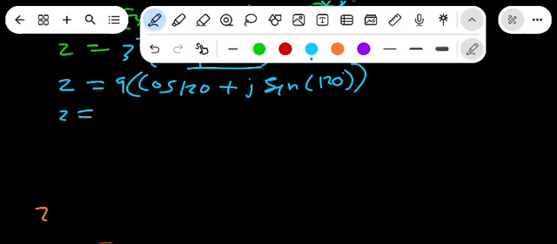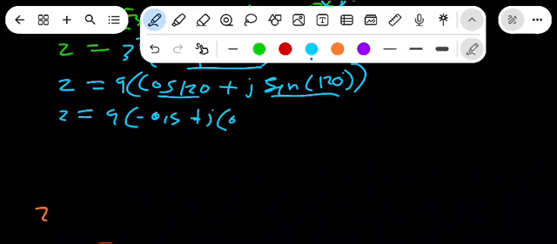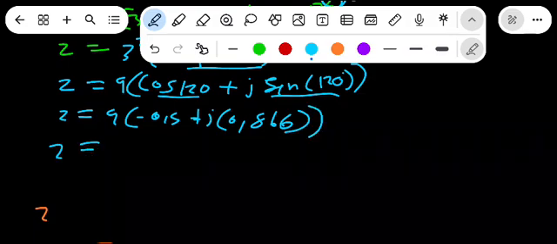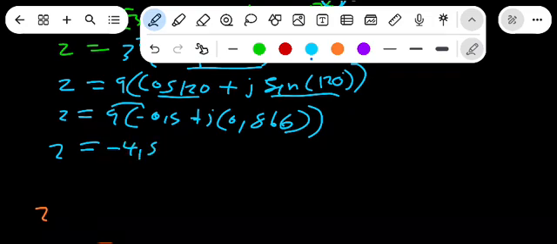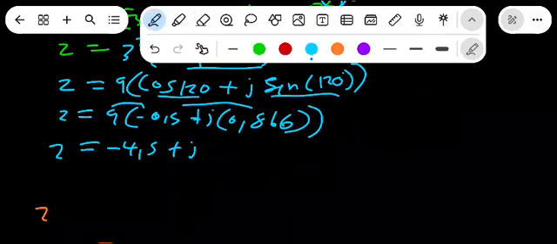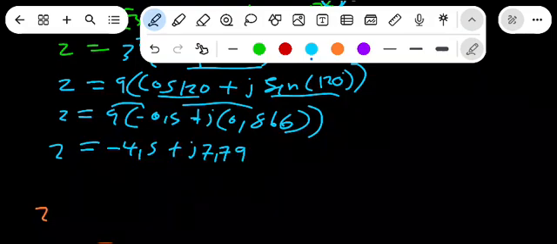So I have 9 times cos 120, which is negative 0.5, plus j sine 120, which is 0.866. Multiplying, I'll have minus 4.5 plus j 7.794.